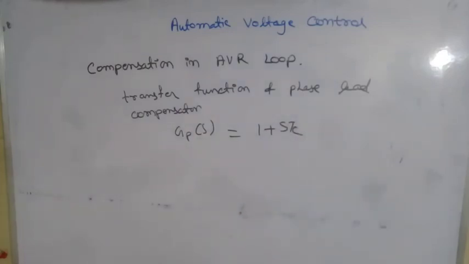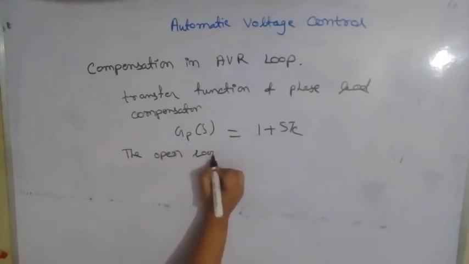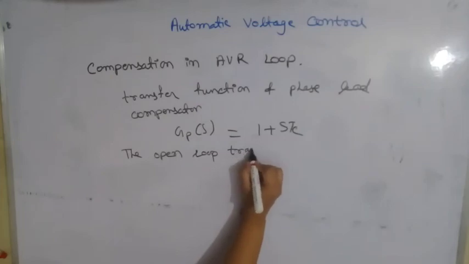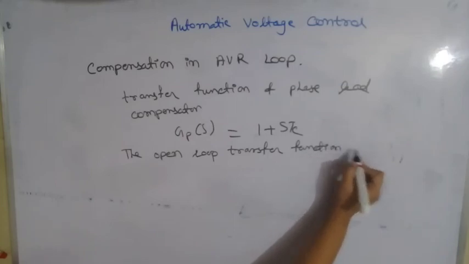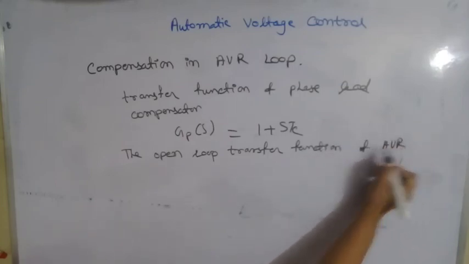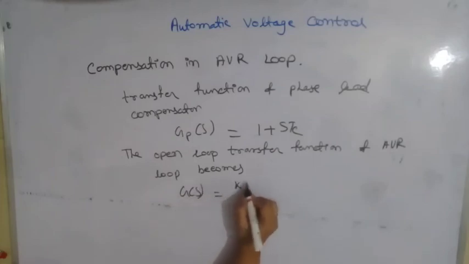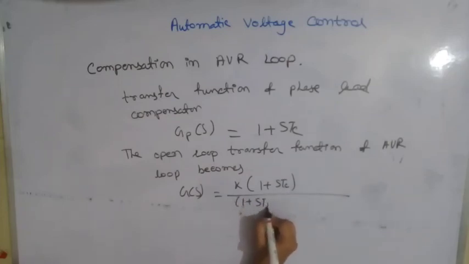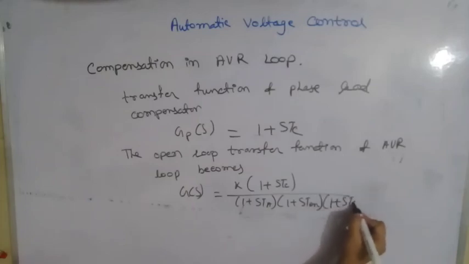Now the open loop transfer function of the AVR loop becomes GS equal to K times 1 plus STC over 1 plus STA, 1 plus STEX, 1 plus STF.